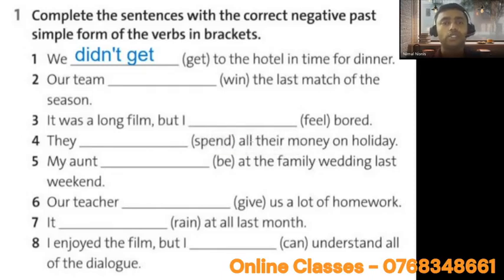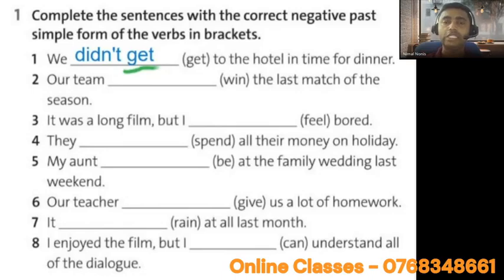So always, students, something that we have to remember in the simple past tense: once we use didn't for negative, did not is contracted and the short form is didn't. We didn't get, the verb has to always be written in the base form, in the past tense negative, or in the question form, the interrogative.